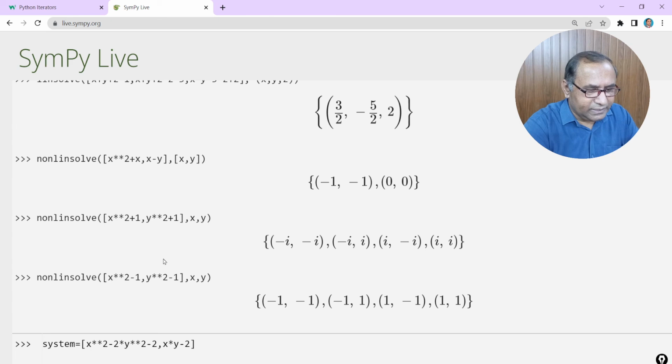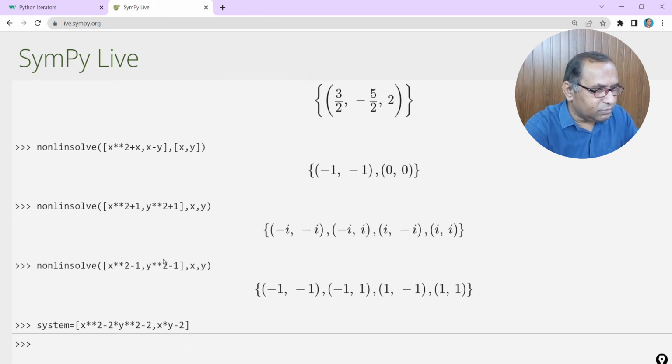This is the system of equations, and we want to solve it for the variables x and y.